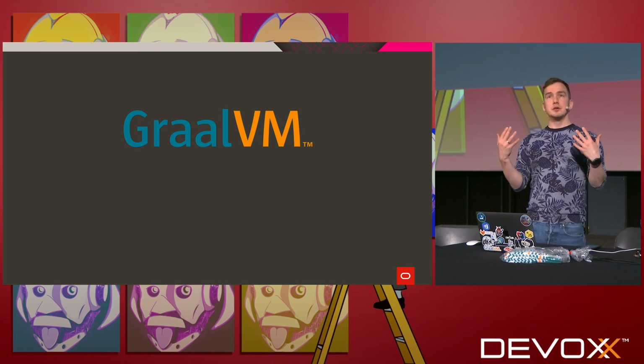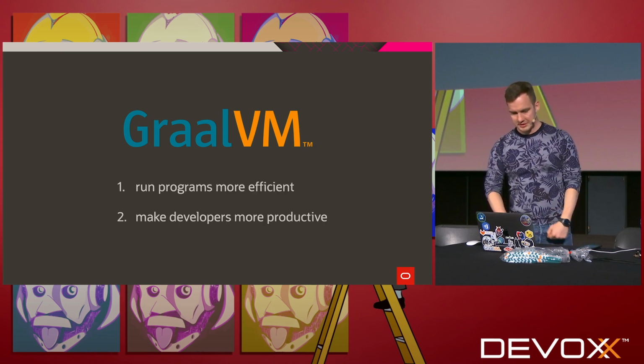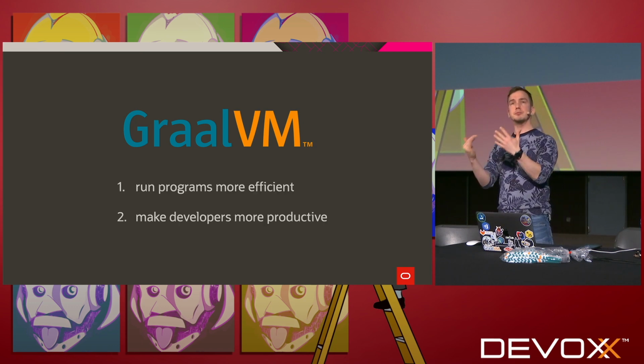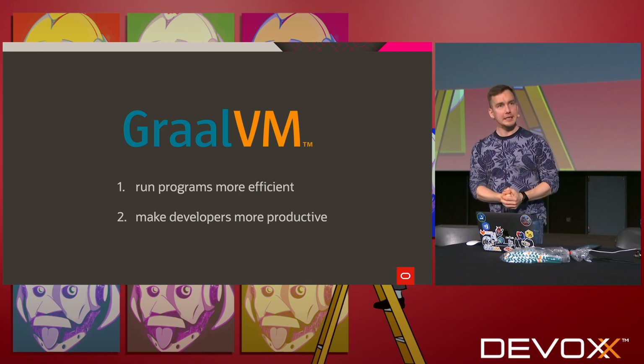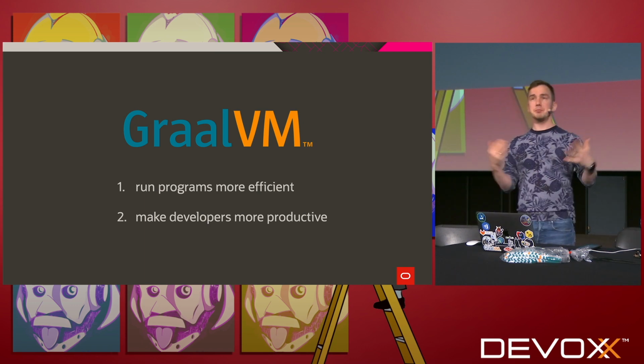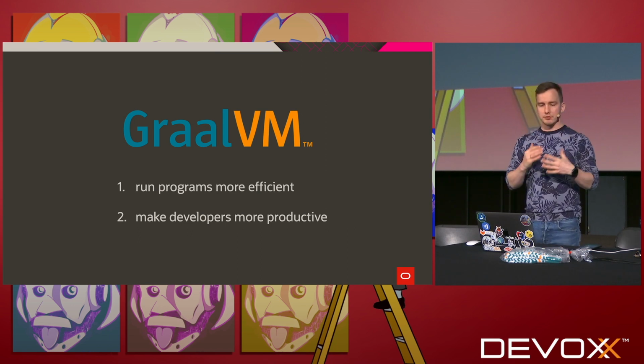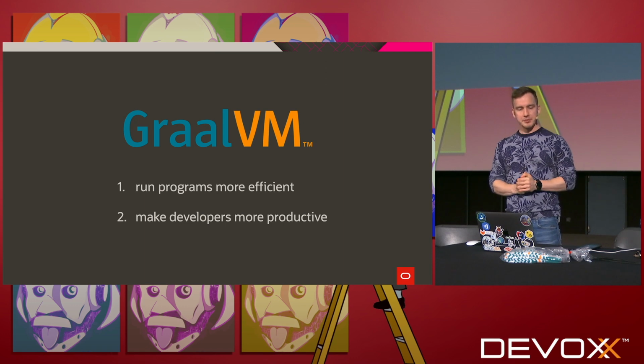GraalVM has two main goals in its advancement. GraalVM wants to run programs more efficiently, to run programs faster, independently from the language, independently from the environment where they're running, to run programs faster anywhere, so to speak.